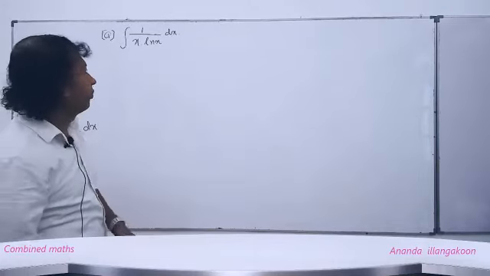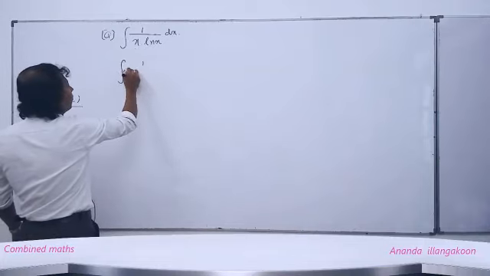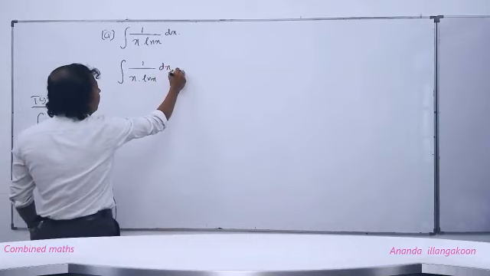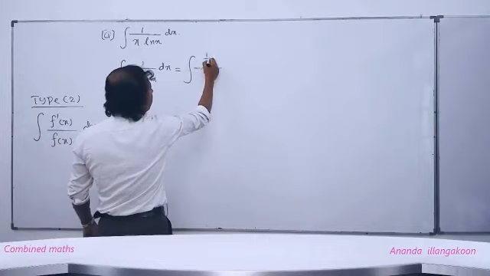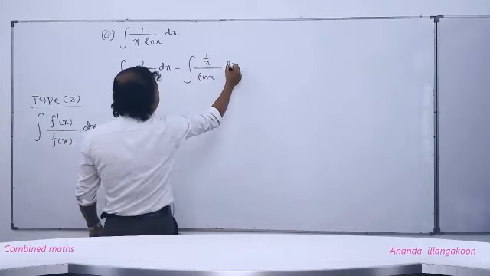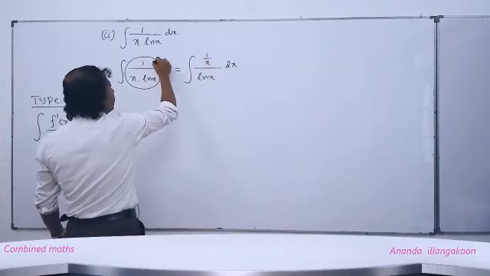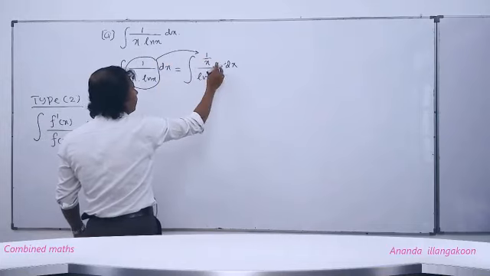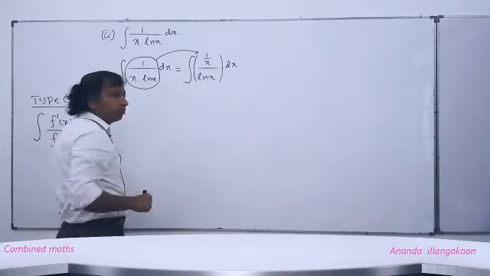I'll take this one. We can write this 1 upon x like this, no? 1 upon x ln x dx. The same thing I can write like this. Correct, no?